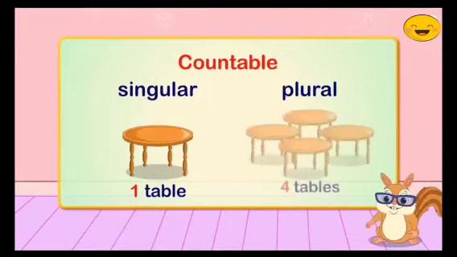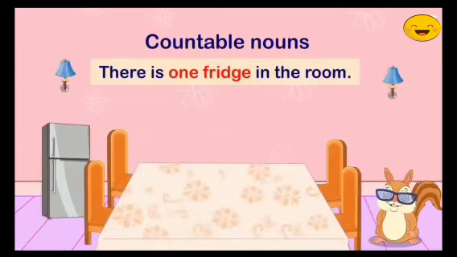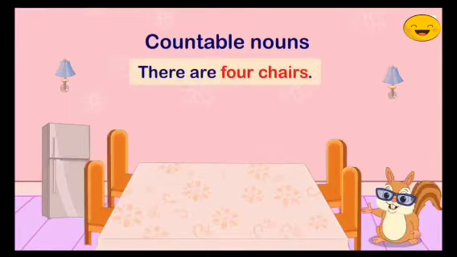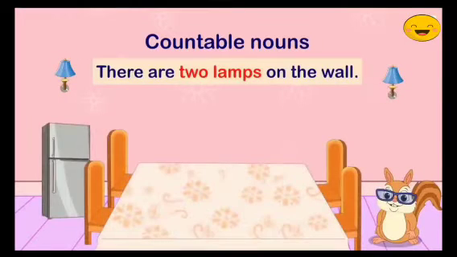For example, 1 table, 4 tables. 1 table is the singular. 4 tables are plural. For example, there is 1 fridge in the room. There are 4 chairs. So this is countable. There are 2 lamps on the wall.